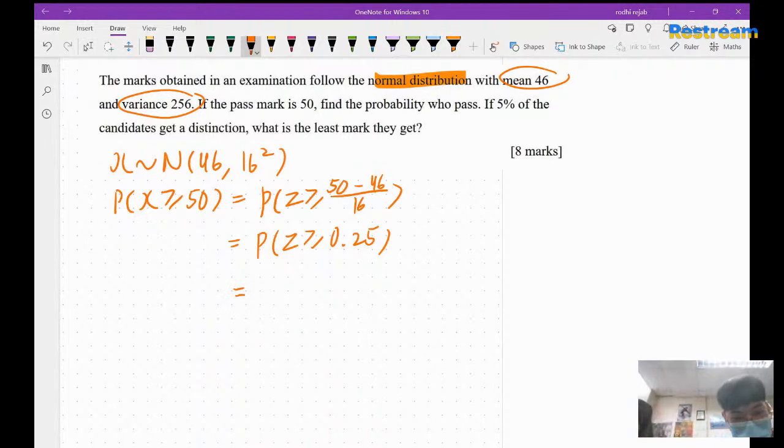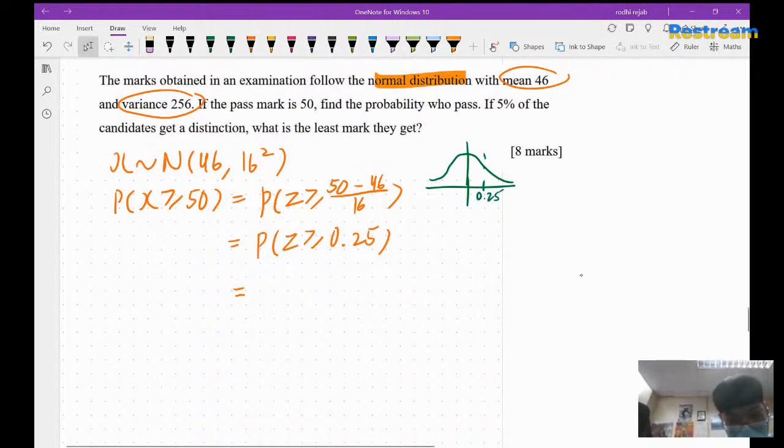Once we get to this stage, I recommend drawing out the normal distribution curve. For this kind of question, it's important to draw out the curve to know where your value is. 0.25 means it's on the right part of the curve, and I will shade it. It's greater than or equal to, which means it's to the right.